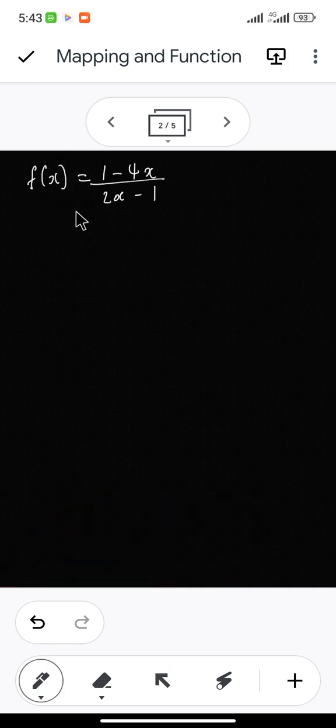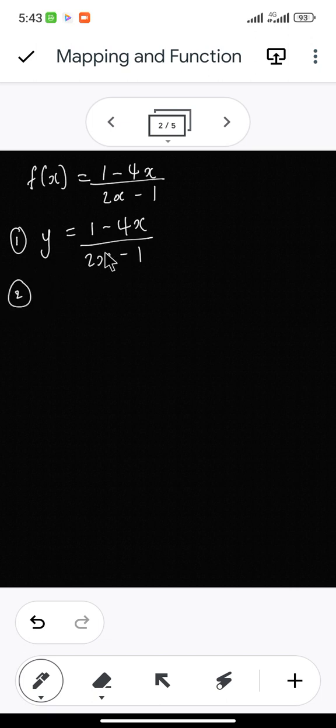Now, first things first, we have to look for the inverse. Remember our step 1 is to make f of x equal to y. So y is equal to 1 minus 4x all over 2x minus 1. Our step 2 is to make x the subject, to cross multiply. y multiplying 2x minus 1 equals 1 minus 4x.